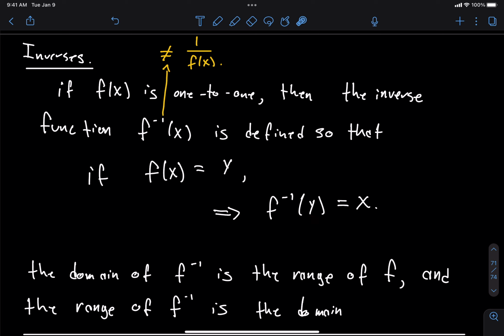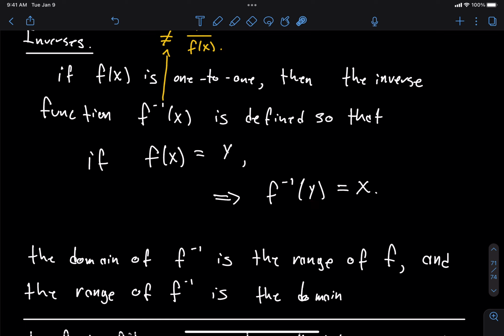All right. So let's talk about the domain and range. Well, of course, what are the inputs going to be for the inverse function? The inputs of the inverse function are all of the outputs of the regular function. So the domain of the inverse function is just going to be the range of the original function.